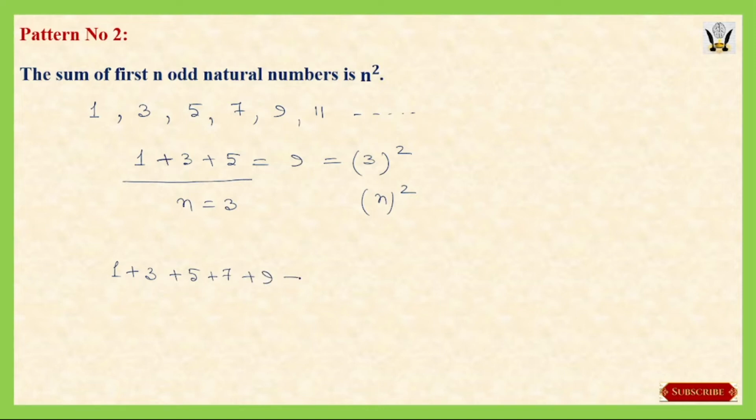So how much is the summation? 1 plus 3 is 4, plus 5 is 9, plus 7 is 16, plus 9 is 25. And 25 is 5 square. How many numbers have we chosen here? Here n is equal to 5, so it is n square or 5 square. So this is also a very interesting pattern of square numbers.